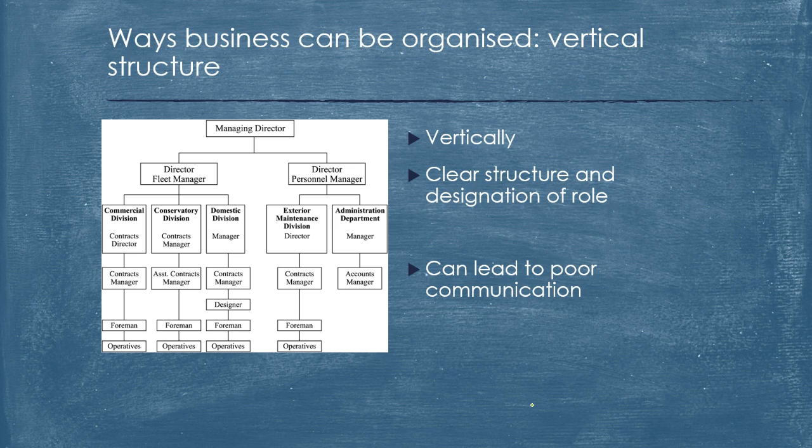But still, the vertical or hierarchical structure is still used quite readily in business, especially in very large businesses. To be fair, a lot of different organisational structures do exist within organisations, and we'll look at that later. So a business might actually use several different types of structure to get its message across.